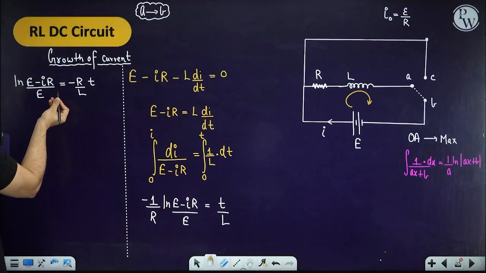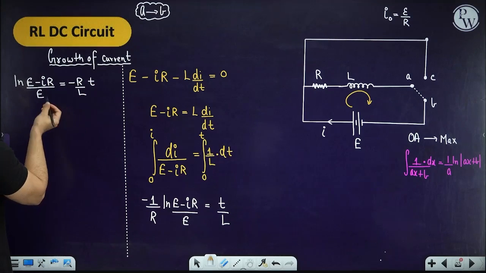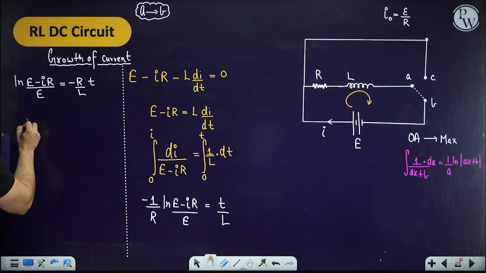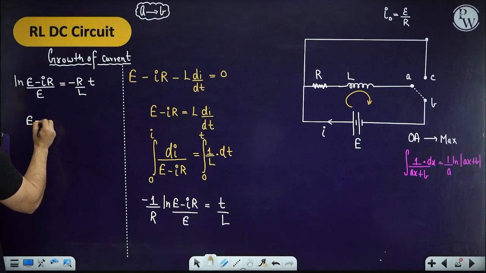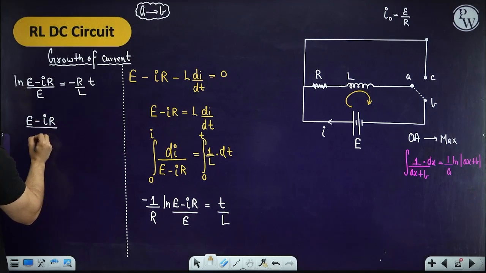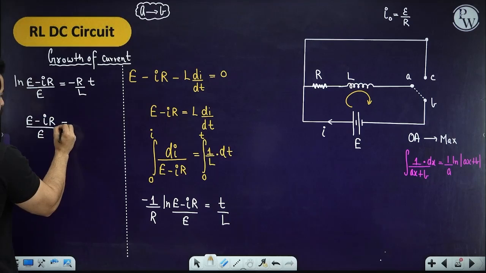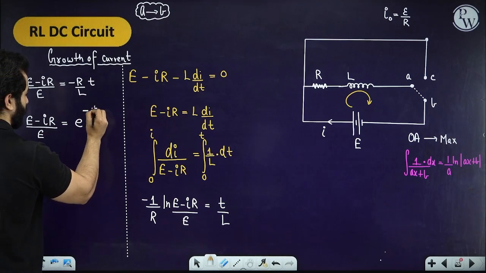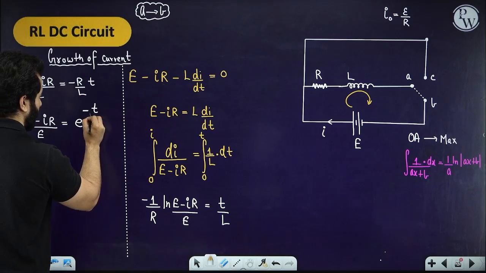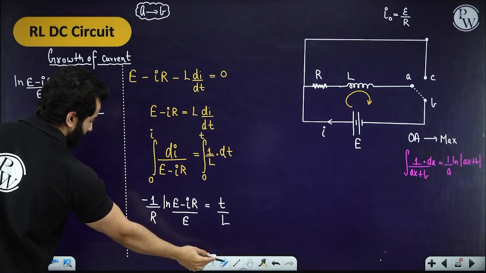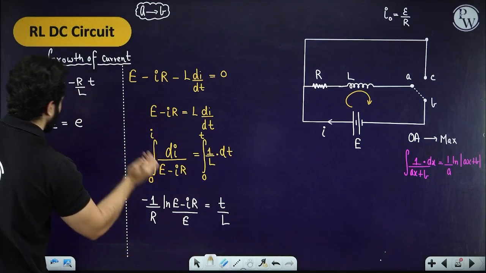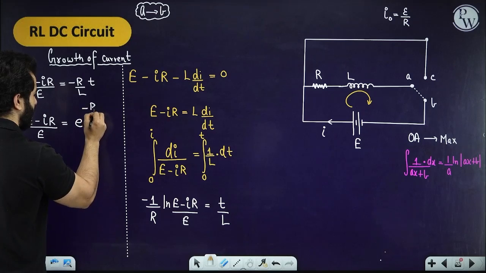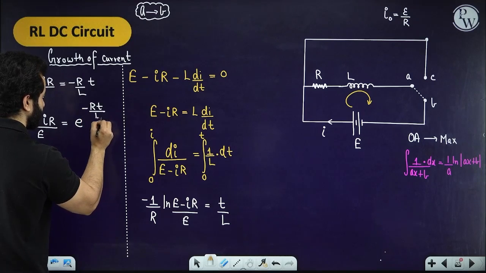If I take the anti-log on both sides, I'll get (E minus IR) upon E equals to e to the power of minus Rt by L, right?